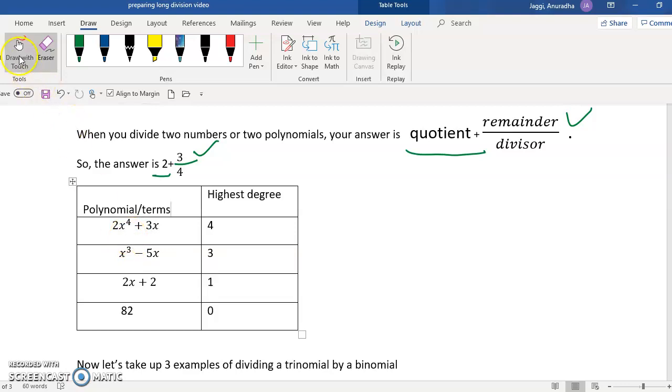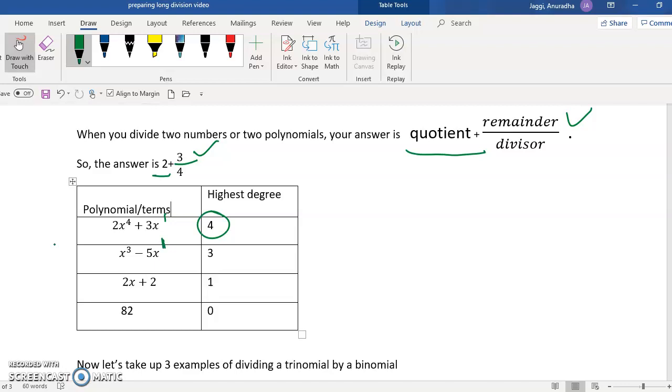So in this case this term has a power 4. This one is 1. If there is no power, the power is 1. So the higher of the two is 4, so the degree of this polynomial is 4. Similarly here, the power of this term is 3, and this x has a power 1.